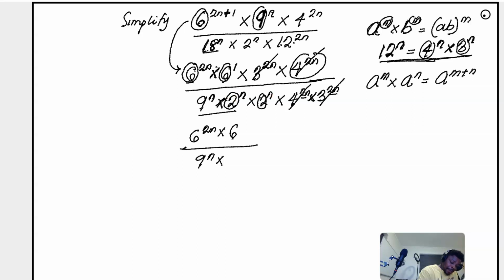And same power. So let's put this one here. So we have this. Now this 6 raised to the power 2n can still be written as 3 raised to the power 2n times 2 raised to the power 2n. We agree. This is it here. We're using this.